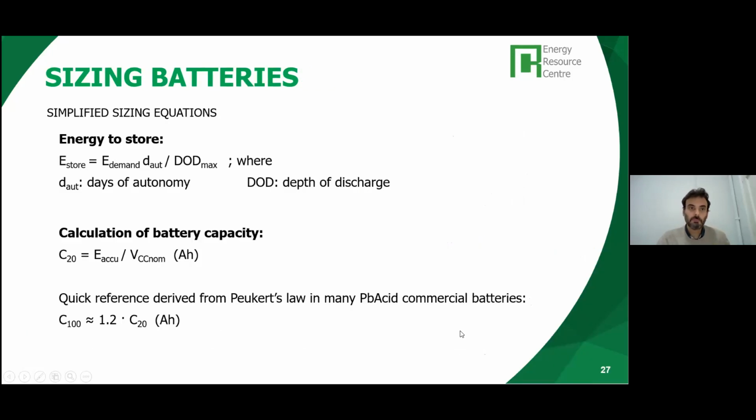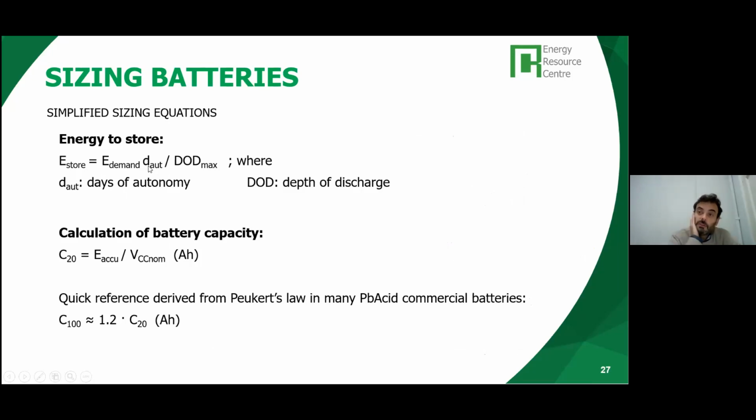Now, how do we size lead-acid batteries? These are simplified sizing equations, but I think they're very useful when we think about off-grid PV power systems. So the energy we want to store in a battery is calculated as the energy that we need to deliver from the battery every day times the days of autonomy.